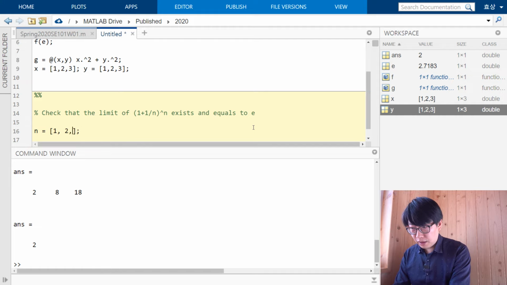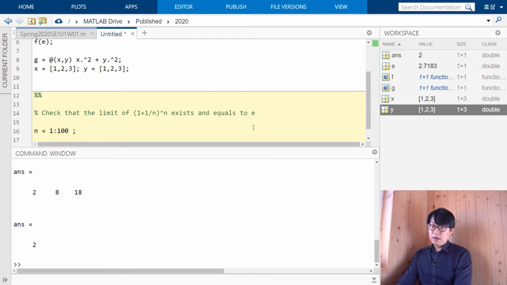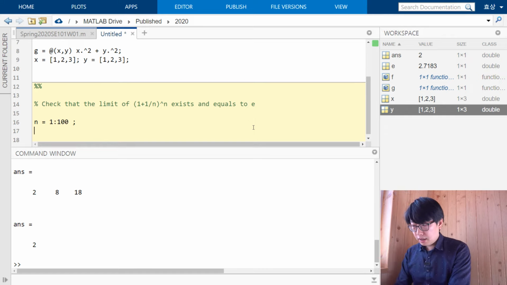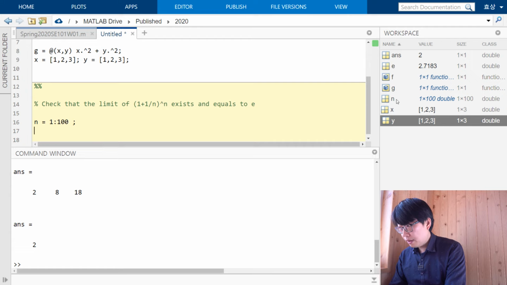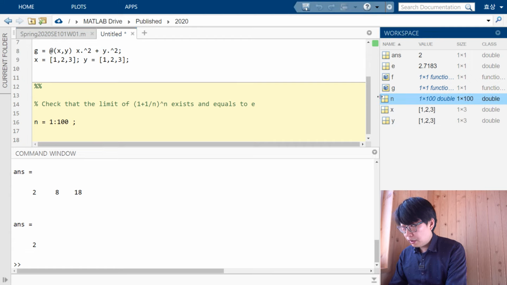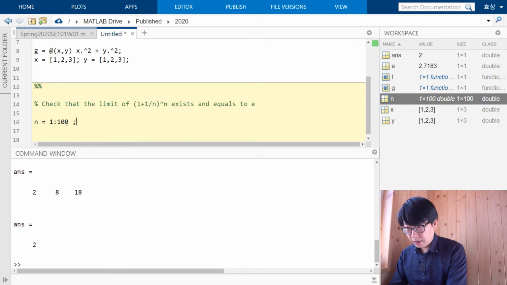Instead of putting in all these integers, you can simply use what is called a colon, 1 colon 100. Then let's see what happens. We have another variable in the workspace called n, defined as 1 to 100, and its value is a 1 by 100 matrix in double format.